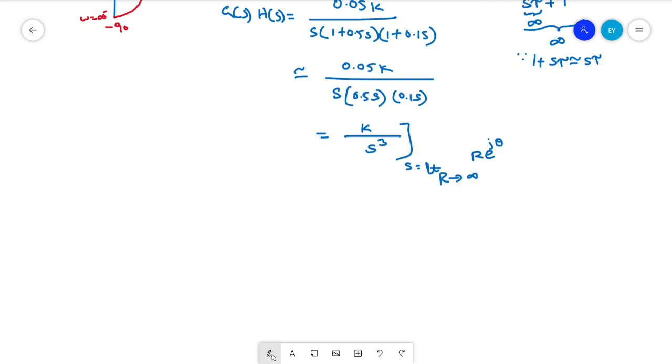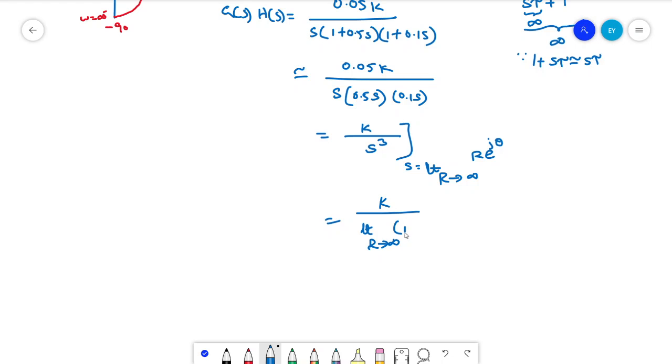So how it will become? K by limit r tends to infinity r into e power j theta whole cube.